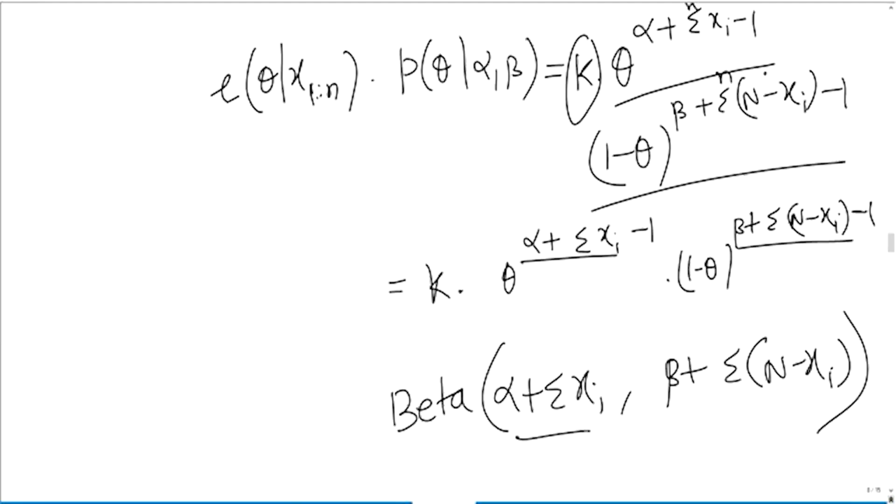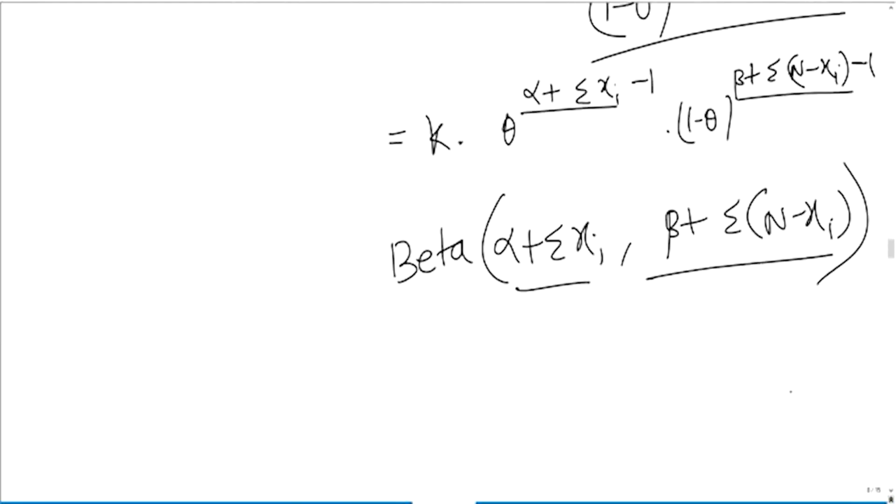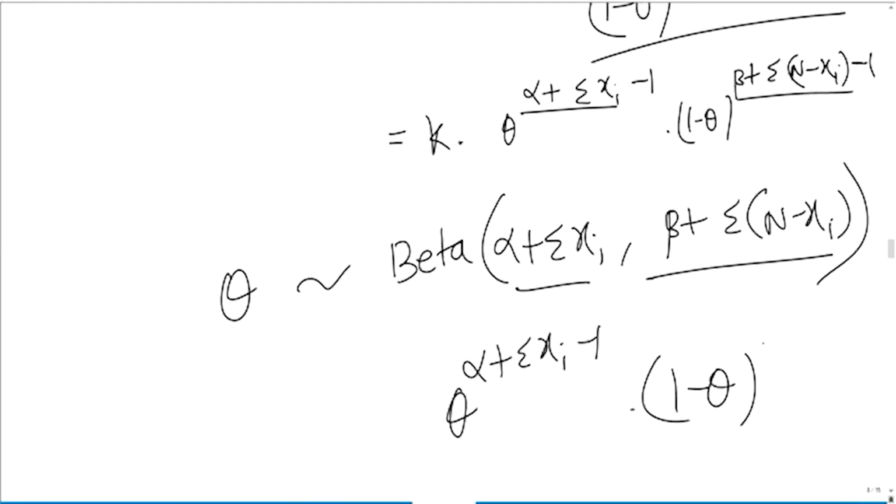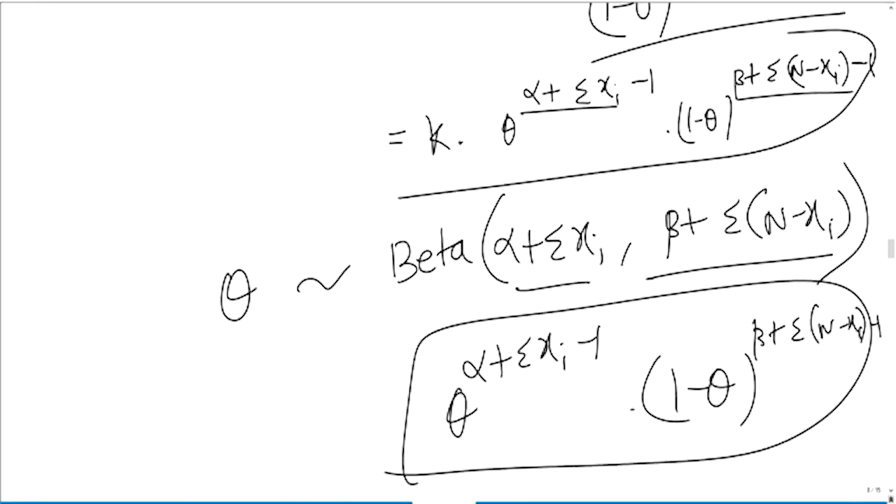So if you have, let's say, a beta distribution with these shape parameters, then what would be its PDF? Let's say this is a distribution for theta. So its PDF would be something like this: theta to the power alpha plus summation xi minus 1, 1 minus theta to the power beta plus summation n minus xi minus 1. This is exactly what we are getting here.